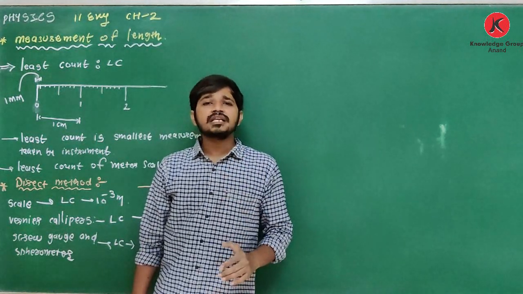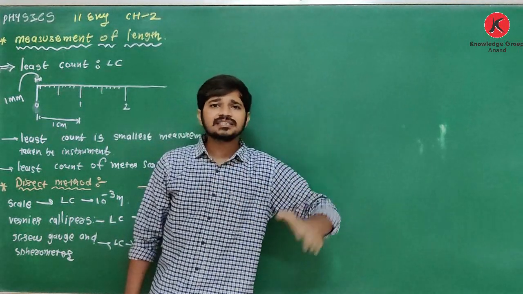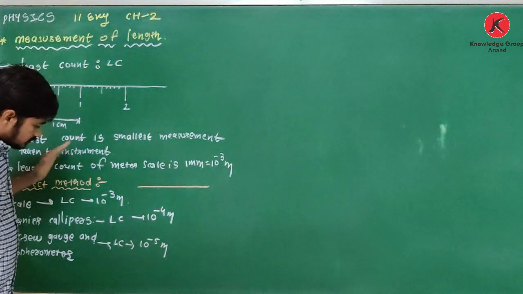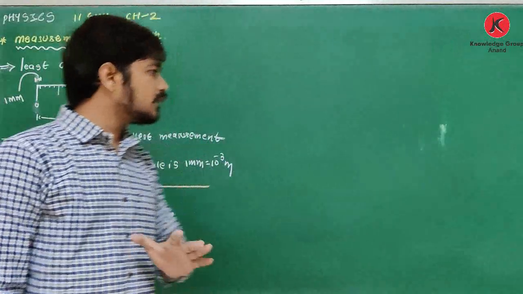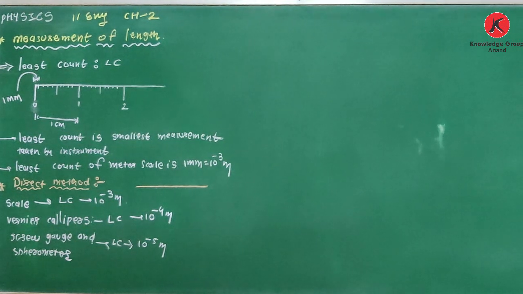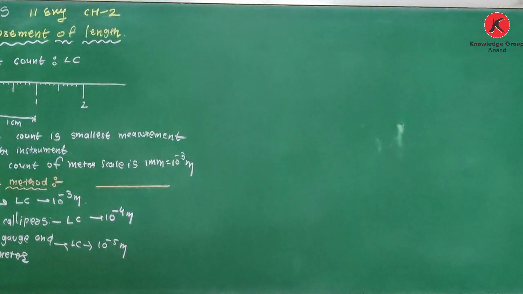Then how to find such very large distances? Some distances are measurable with the help of some instruments, and for that we are using the direct method. But there are some very large distances for which we cannot use such a direct method, and for them we have to use some indirect method.